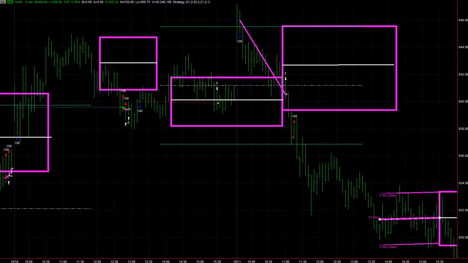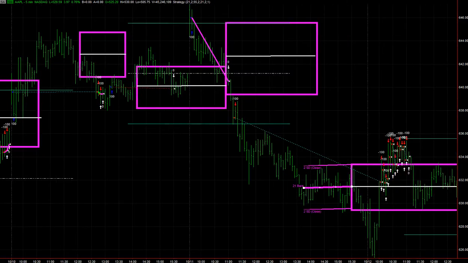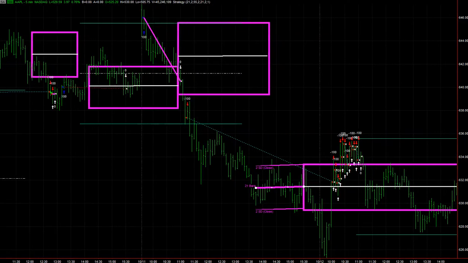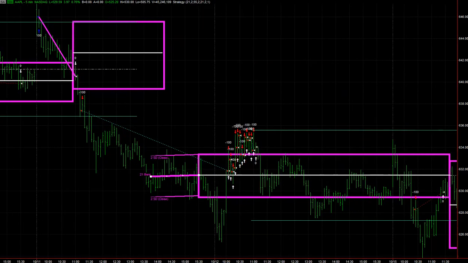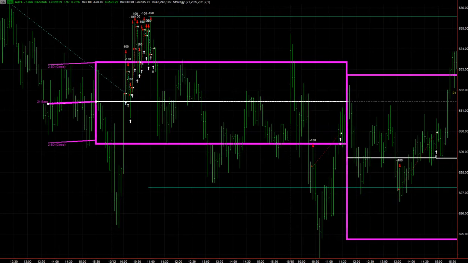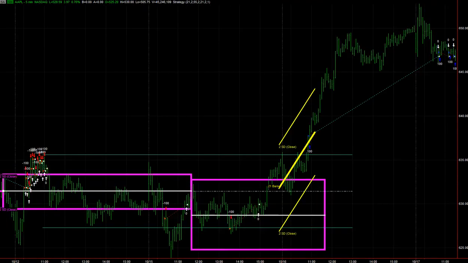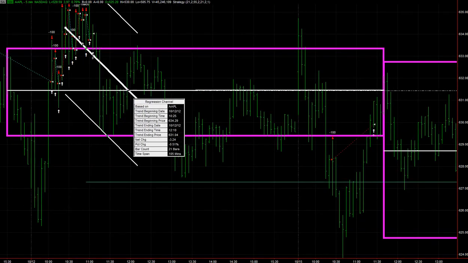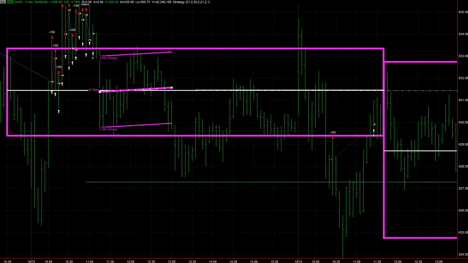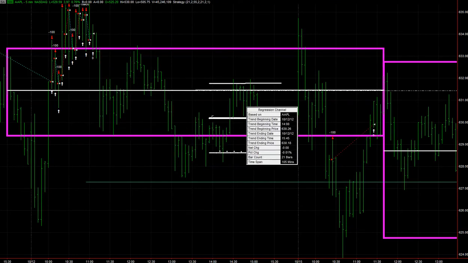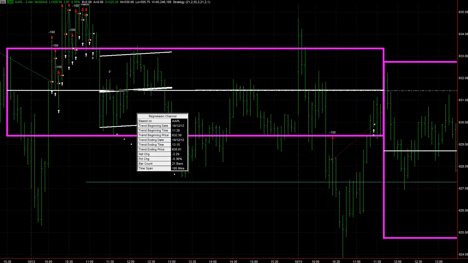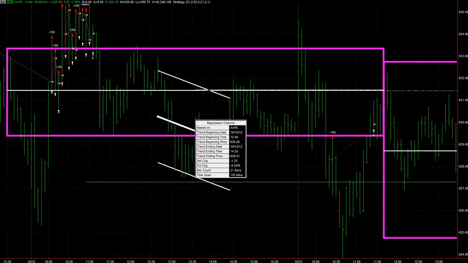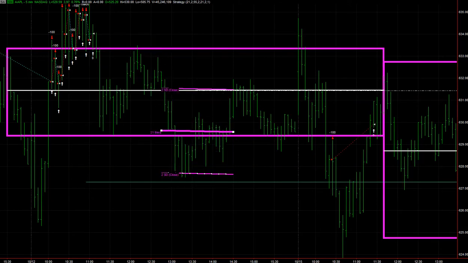So I've drawn manually all the boxes. And if you just zoom out for a minute. Actually, let's zoom in on this one. This was an interesting one. There's your box. There's a lot of choppy movement, but no validation until even there's no validation here because the mid is not below the low.